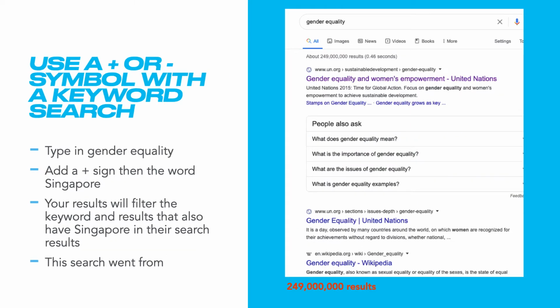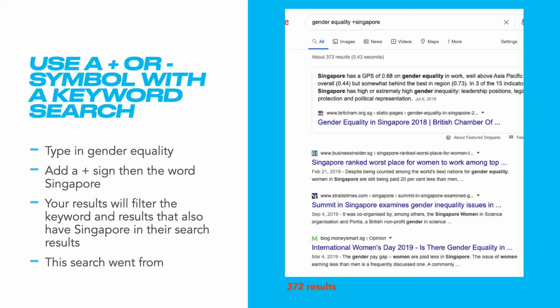Second tip is to use a plus or a minus symbol, and this will either add the keywords together and give you websites with both the words, or it will omit the word. So the example that I've used on this one is gender equality. Okay, so when I talk about gender equality, I can actually say gender equality, and it had thousands and thousands of results, okay, hundreds of thousands of results.